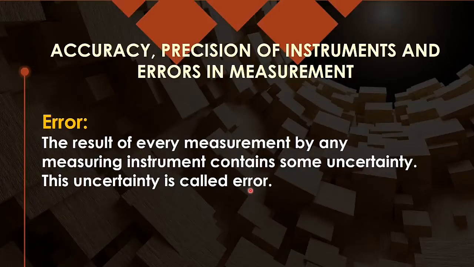So 2 centimeter is sure, but 0.2 or 0.3 is uncertain. You are not very sure. That is the error. So most of the time, whatever is the least count of a particular device, that is the error. If the error is not mentioned to you in some question, then the least count of that device will be taken as the minimum error in that instrument.